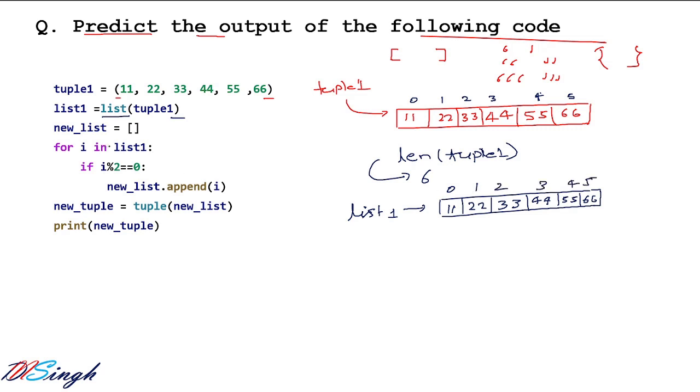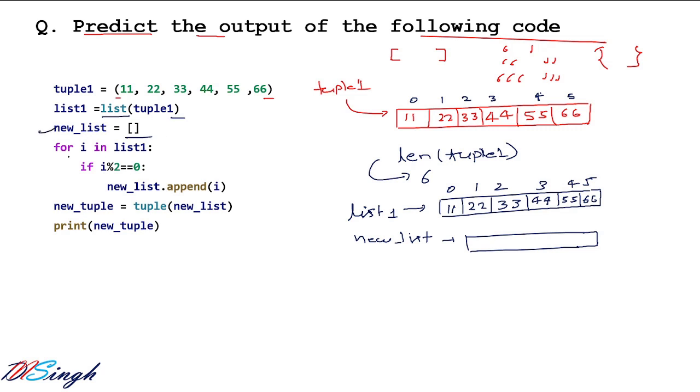Next statement, we have also declared one new variable, newlist, and its type is list only. We will have some more elements after this loop, but in the beginning it is empty. There is no element inside it because it is an empty list.